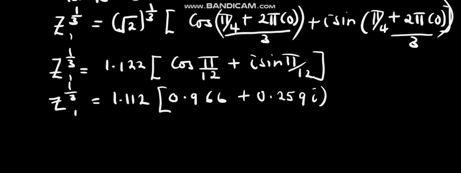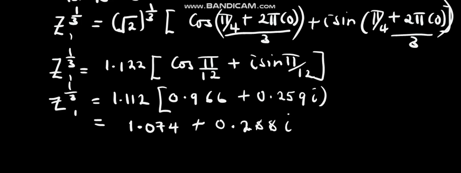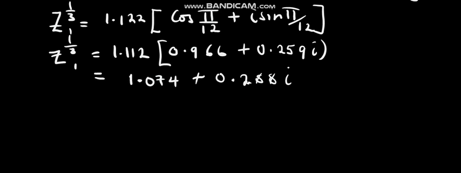Now we need to simplify to the minimum, so that will be 1.122 times 0.966, and the answer will be 1.074, then plus 1.122 times 0.259, so the answer will be 0.288 i. So that is the first cube root of the complex number.